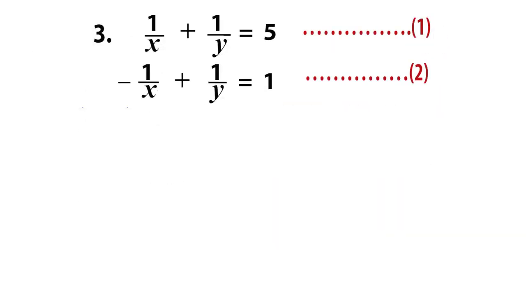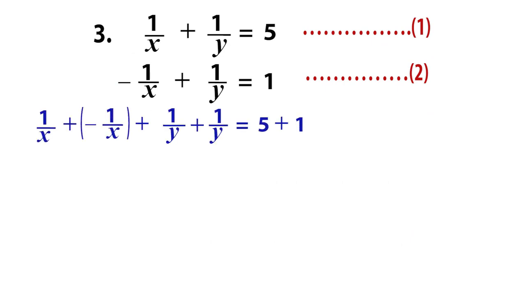Now, looking at the two equations carefully, equation 1 plus equation 2 will give us 1 over X plus negative 1 over X plus 1 over Y plus 1 over Y again is equal to 5 plus 1. Remember, 1 over X minus 1 over X will give us 0. Therefore, we have 2 over Y is equal to 6.